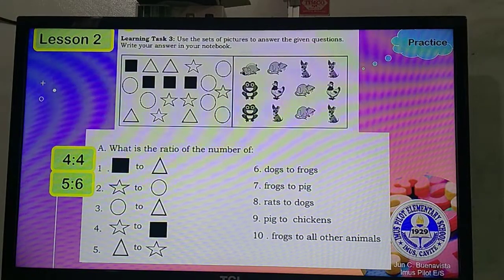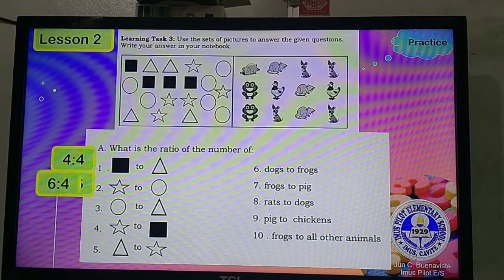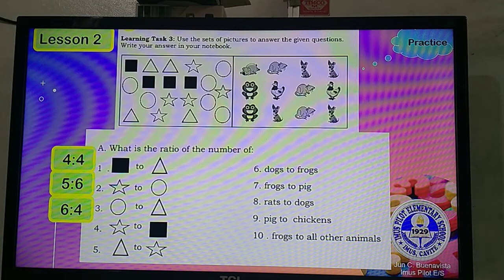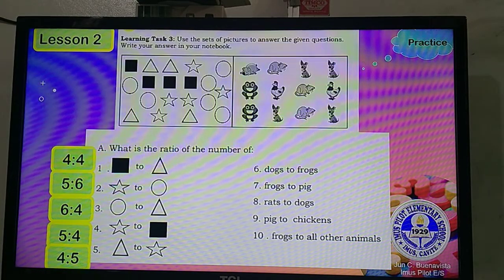So, we have 6 is to 4. Number 4, we have 5 stars and 4 squares. So, the answer is 5 is to 4. Okay, for number 5, we have 4 triangles and 5 stars. So, the answer is 4 is to 5. Okay, very good. Now, let's move on to number 6.